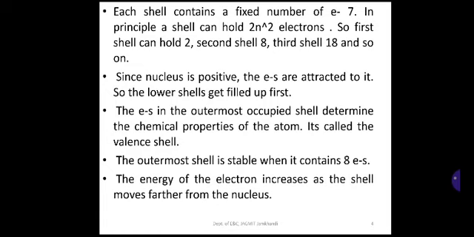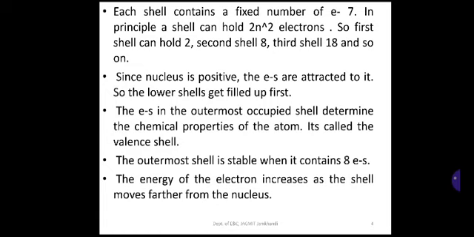Each shell consists of a fixed number of electrons. In principle, a shell can hold 2n squared electrons, where n is the orbit number.